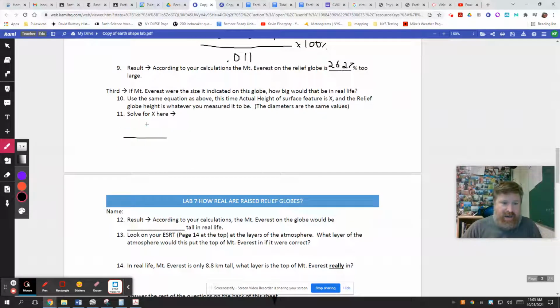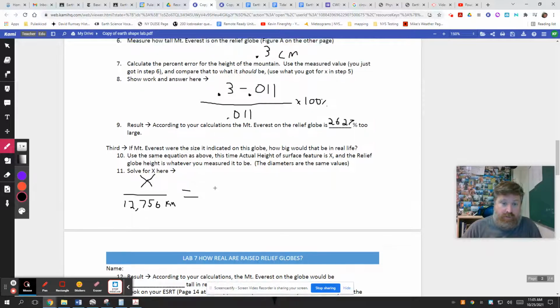So this time, I don't know what the real height is, x, on that globe that is 12,756 kilometers. If on the globe it's 0.3, on that 15.5 centimeter globe.